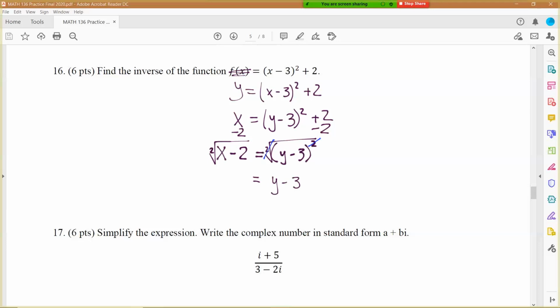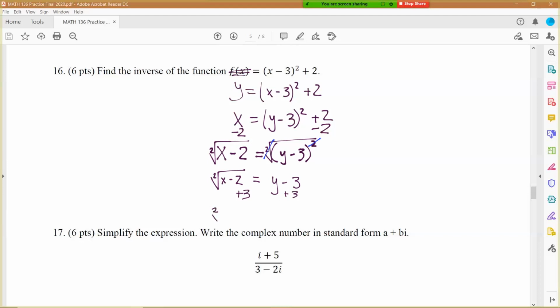For the left side, do we know what the square root of x minus 2 is? No. You're just going to write the square root of x minus 2. Don't do anything with it. Leave that square root on it. Still trying to get y by itself. What do I need to do? Add 3 to both sides. Can I add the 3 to this too? No, it's being protected by that square root.